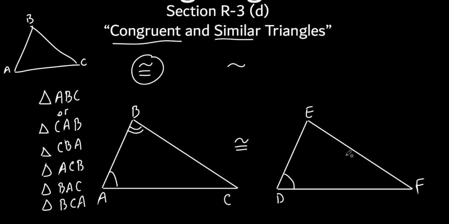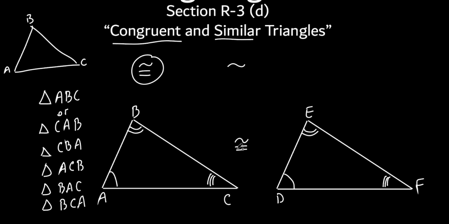All those parts that match up we call corresponding parts, and they are equal. If that has 1 arc and that has 2 arcs, what am I going to do with C? Put 3. So what's angle C equal to over here? Angle F. So I'll put 3 right there.